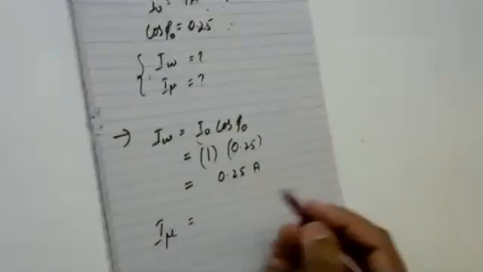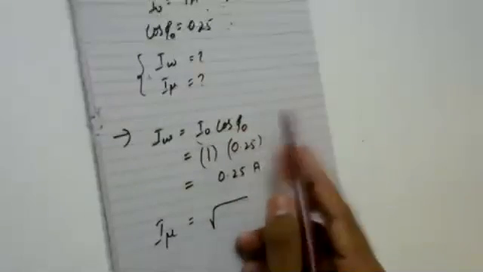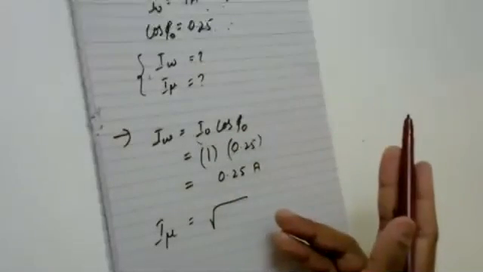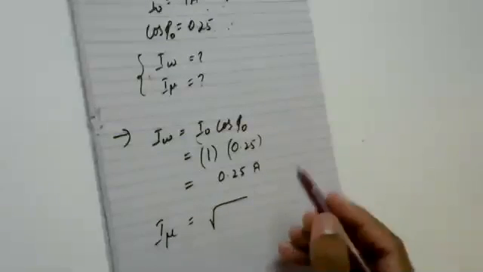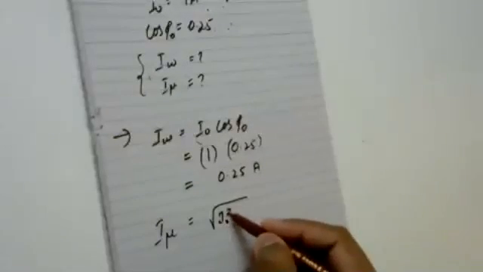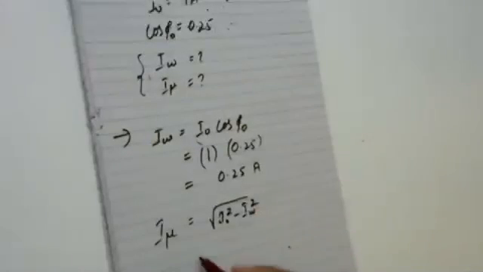Then I need to compute I mu. How to compute I mu? I can use the equation I naught sine phi naught, that can also be used, or I can use the equation I mu is equal to the square root of I naught square minus IW square.